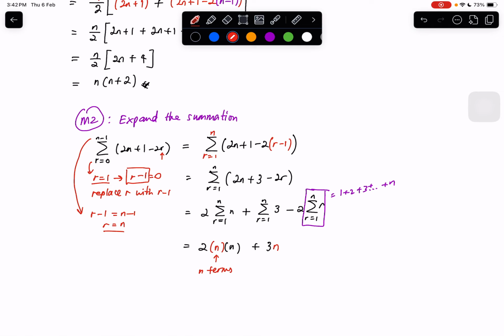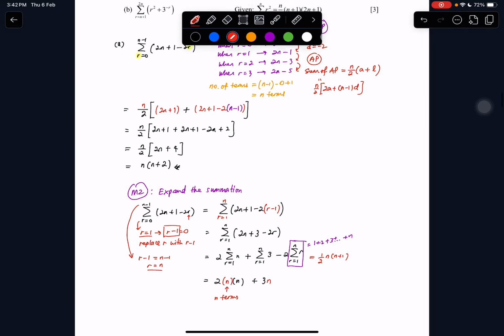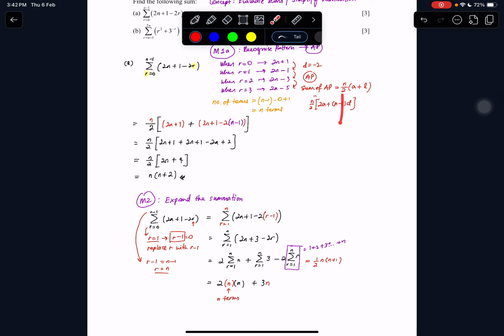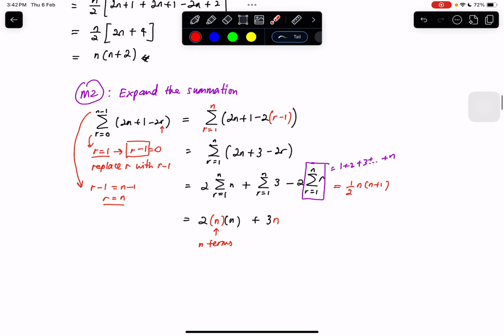The summation from 1 to n is half n times n plus 1. How do we get this? It is from the AP formula I mentioned before: half n, then first term is 1, last term is n. So we can expand it like that. This will be a very useful property or identity for us to use.